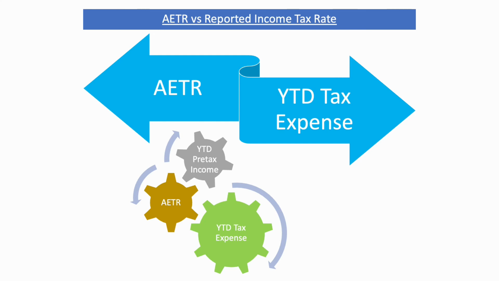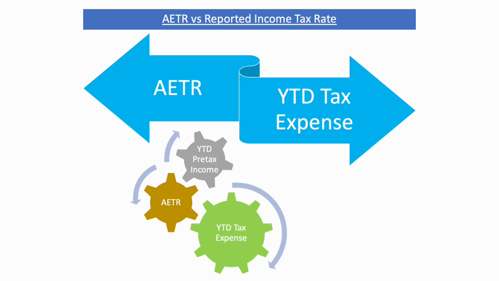That will give you the YTD tax expense. What that does is it sometimes can exaggerate your tax items, because you are calculating your AETR and then applying it to your YTD actuals.